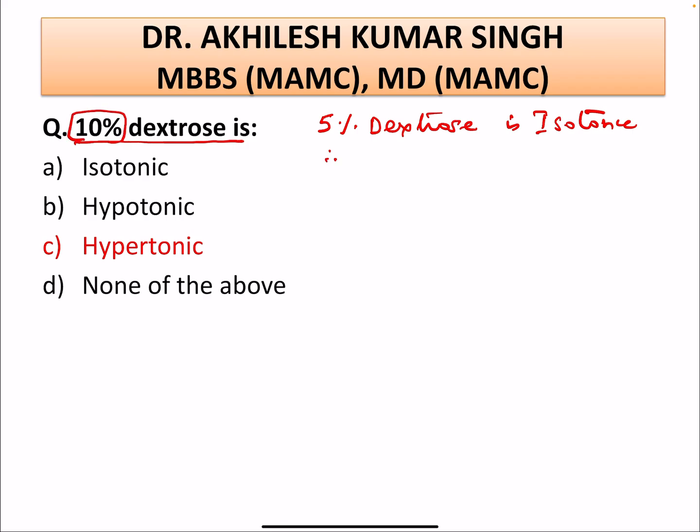Therefore the concentration of this 10% dextrose is more than the concentration of 5% dextrose. So its concentration is more, so it will become hypertonic. So the answer is C, hypertonic.